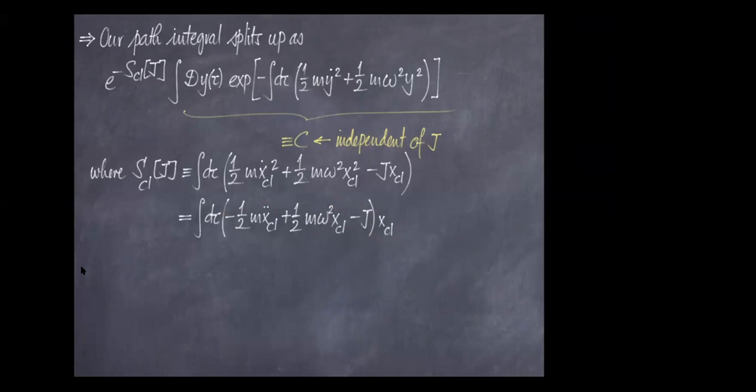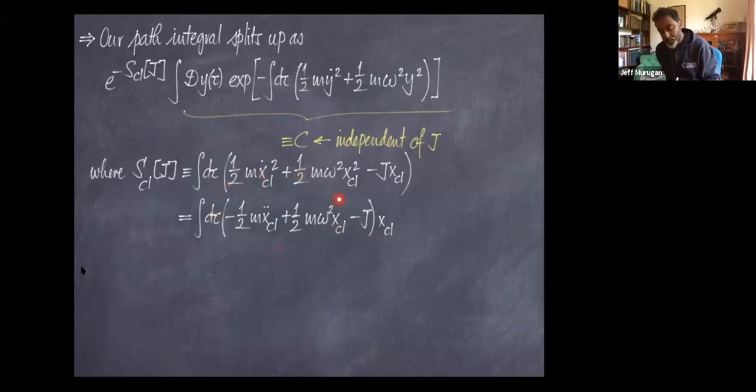Yes. Yeah. This stuff here from the classical equations of motion is nothing but a half j. So a half j minus 1j gives me the following expression for the Euclidean action. It's much easier to work with than all of that stuff up there. It's just minus a half j, which is a function of tau, x classical, which is a function of tau.